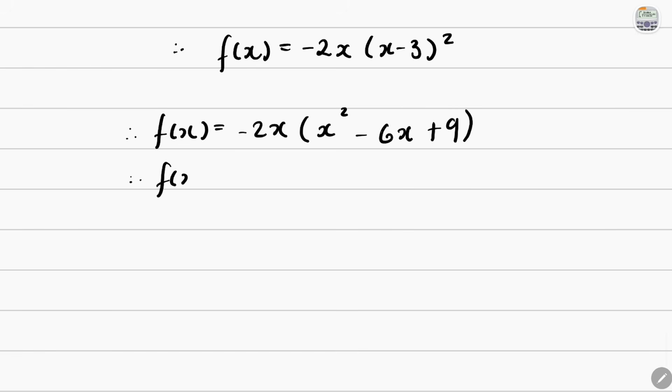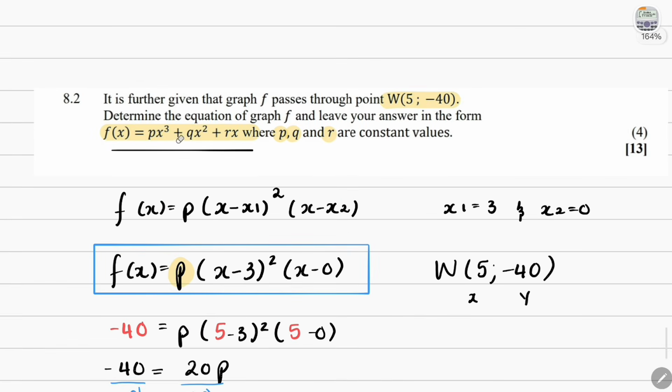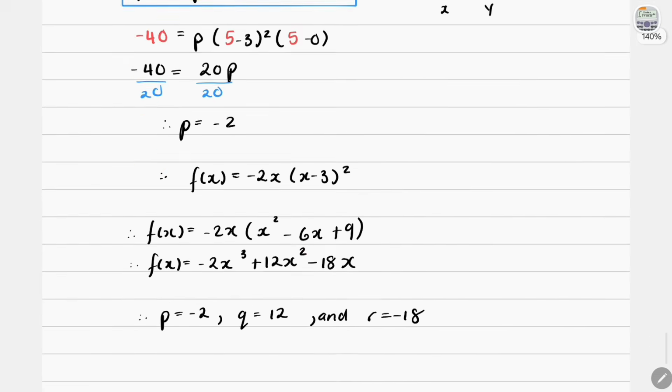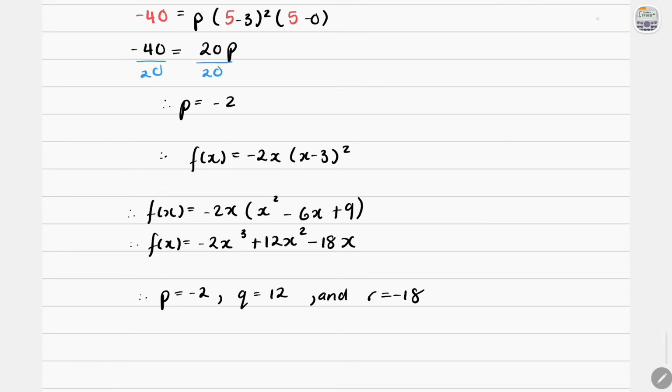So finally, f of x is equal to negative 2x cubed plus 12x squared minus 18x. So remember, this is p, q, and r. So we can clearly see now, therefore, p is negative 2, q is 12, and r is negative 18. And that is our answer. And that is it for question 8.